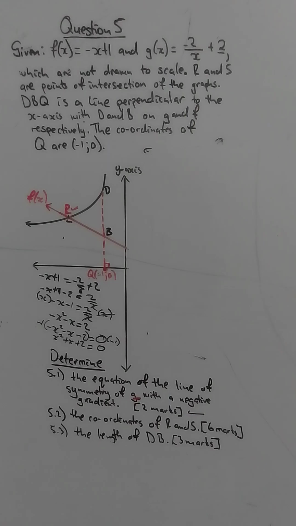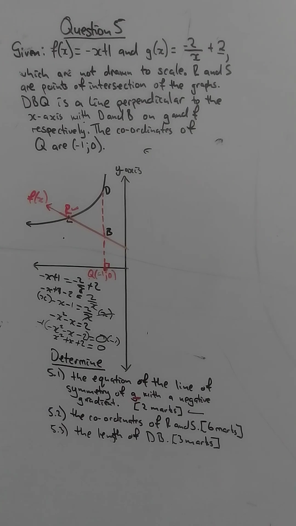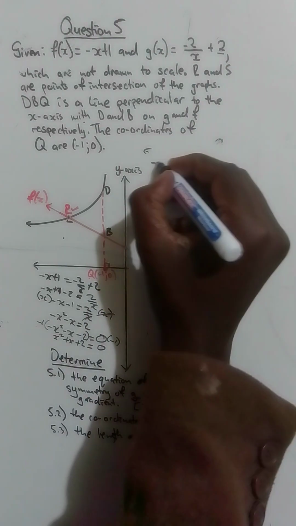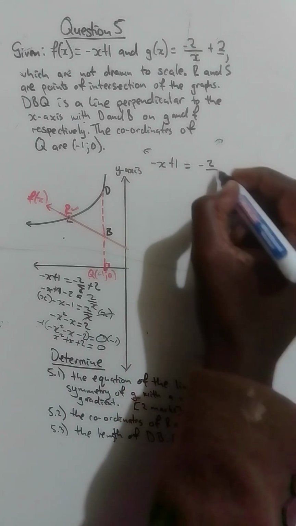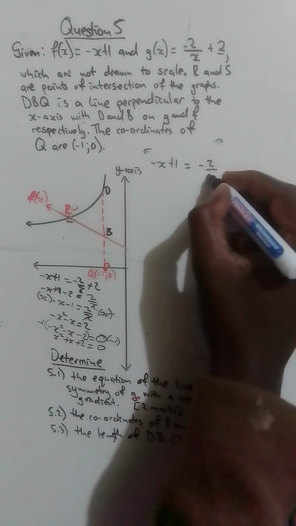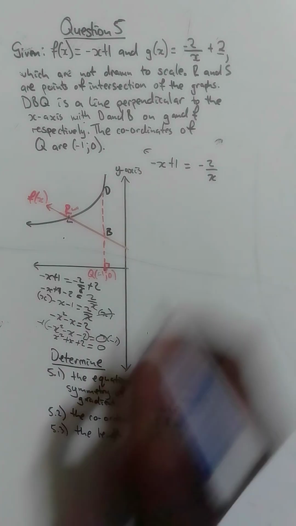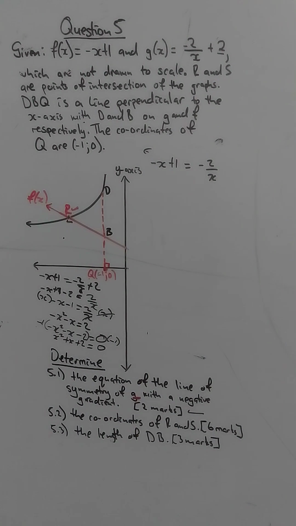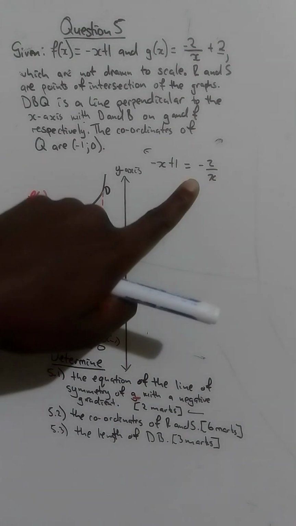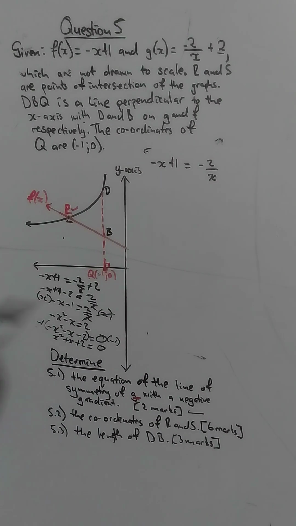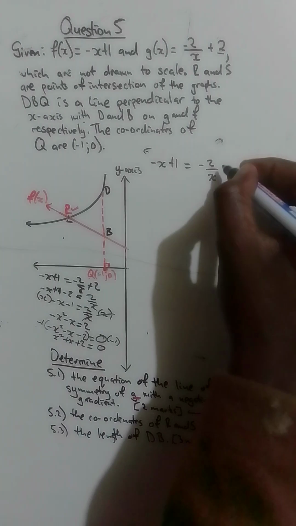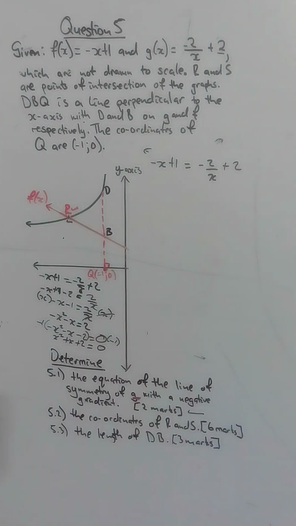So I've got negative x plus 1 is equal to negative 2 over x. That's where my mistake is. I didn't continue with this negative 2. You can see here it was now a positive. That's where I made the mistake, and that's why it's not giving me the correct thing.